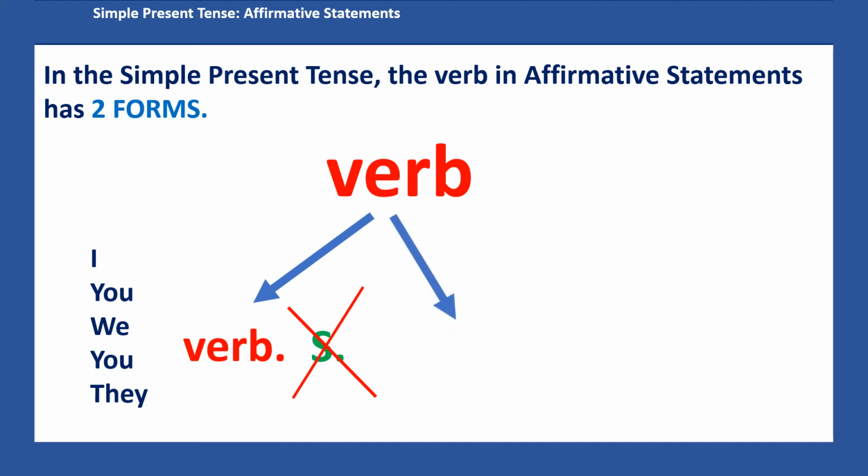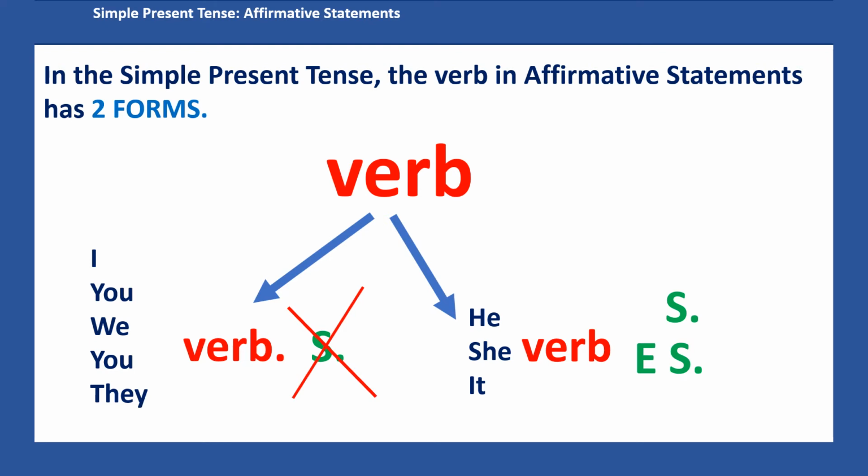But now we have the second form, the way you write it, and the way you say it. With he, she, and it, we need to add an S. So we say, he works every day. Liz works every day. The computer works now. So this is the second form. Now sometimes instead of putting the S, you need to write ES.